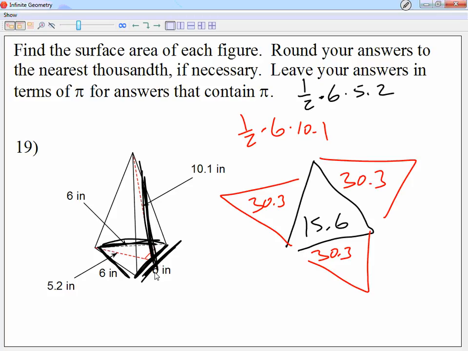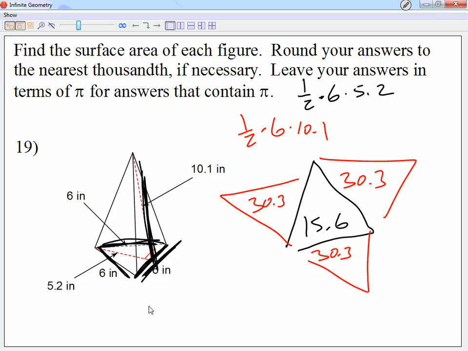I use it to get the areas of my triangles. Remember, in a triangle, look for the two numbers across the 90 degrees. For the base, if you notice, it was 6 and 5.2. You see my 90 degrees there? Yeah. So for the base, I went 1/2 times 6 times 5.2.